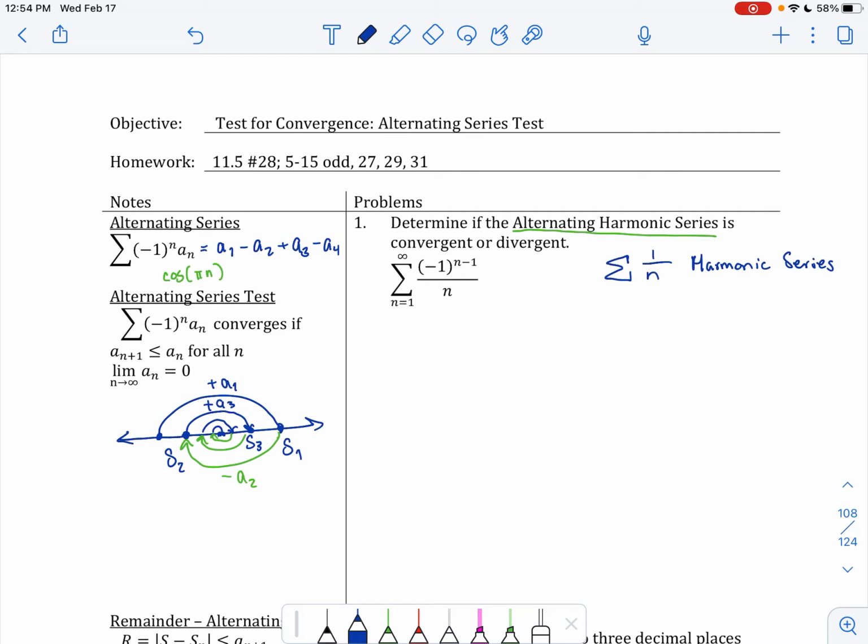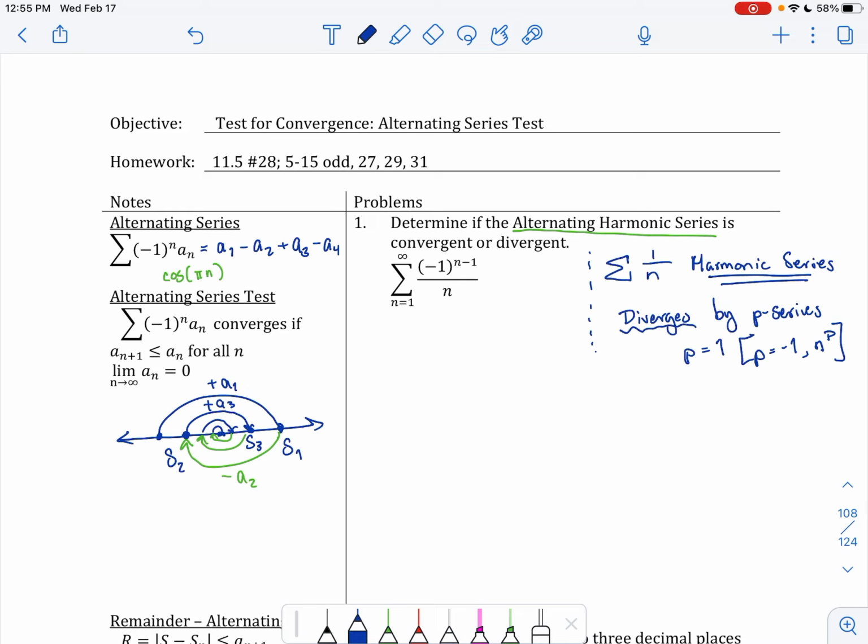And the harmonic series diverges by the p series test, because it has to be greater than 1, and here p is equal to 1. You could also think about it as p is equal to -1 if you have n to the p without the fraction. So whenever you see this, just remember that it diverges.